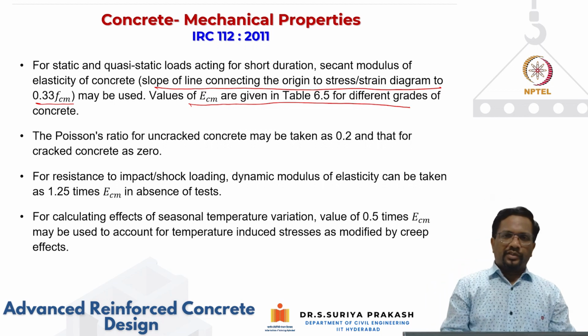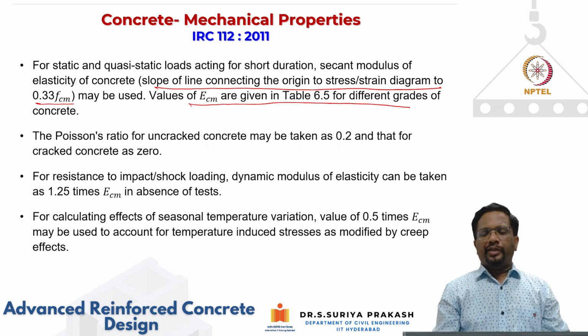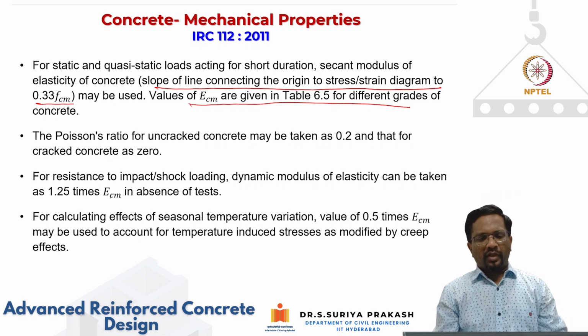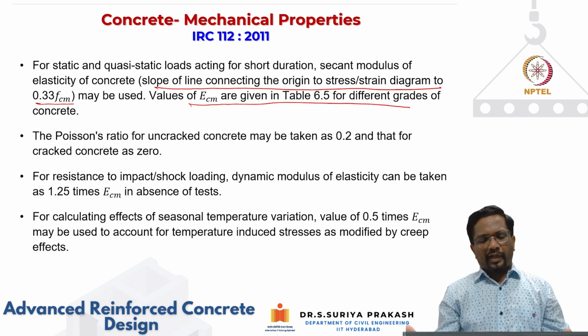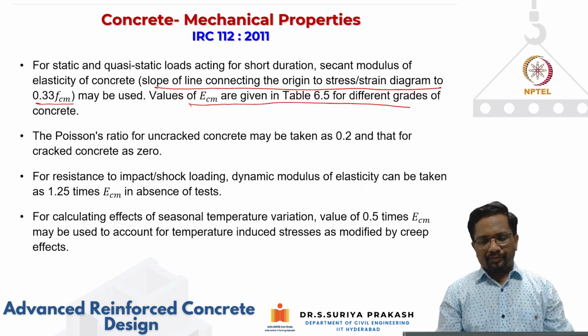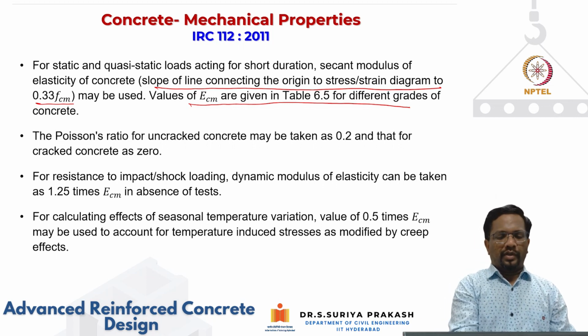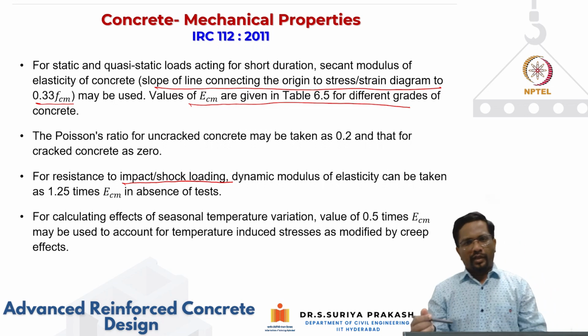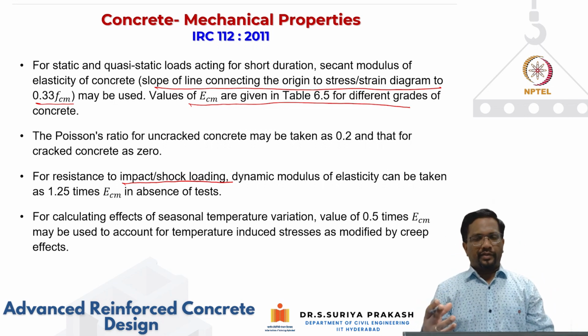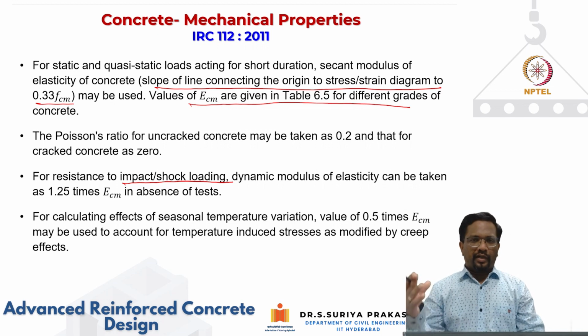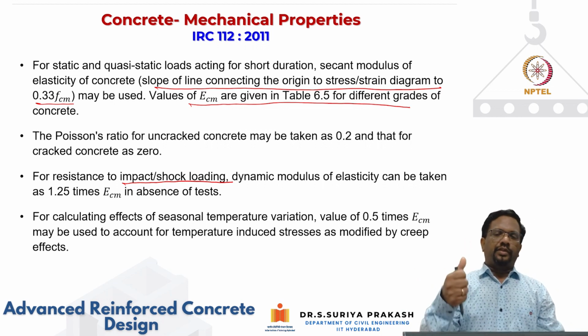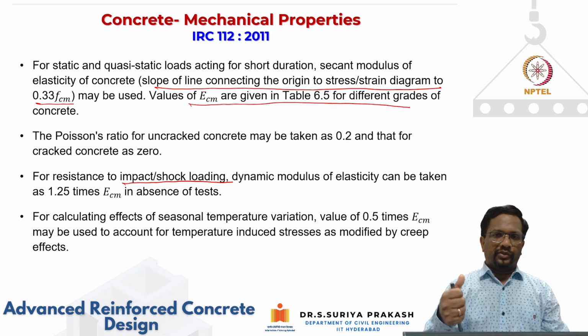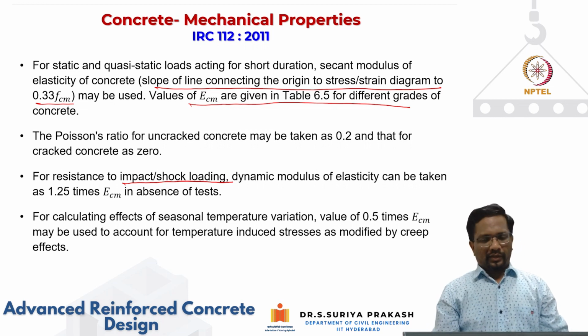Now again, for Poisson's ratio for concrete, usually it is taken as 0.2, and after it cracks it is taken as 0. Now, when you're doing analysis for impact or shock loading, we have seen in the last lecture the effect of strain rate. If you apply a higher strain rate, your strength increases and elastic modulus also increases. That we have seen in the last lecture.